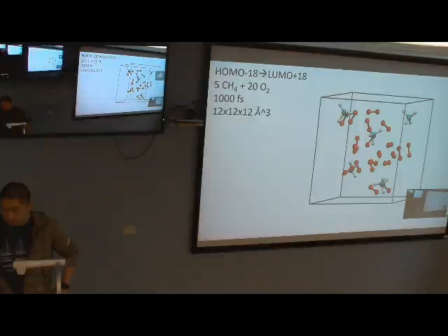Is it spinless, or high spin? I'm not criticizing, I just want some clarity. For this one, I just modify spin up configurations. Okay, so it's HOMO alpha minus 18 to LUMO alpha plus 18.